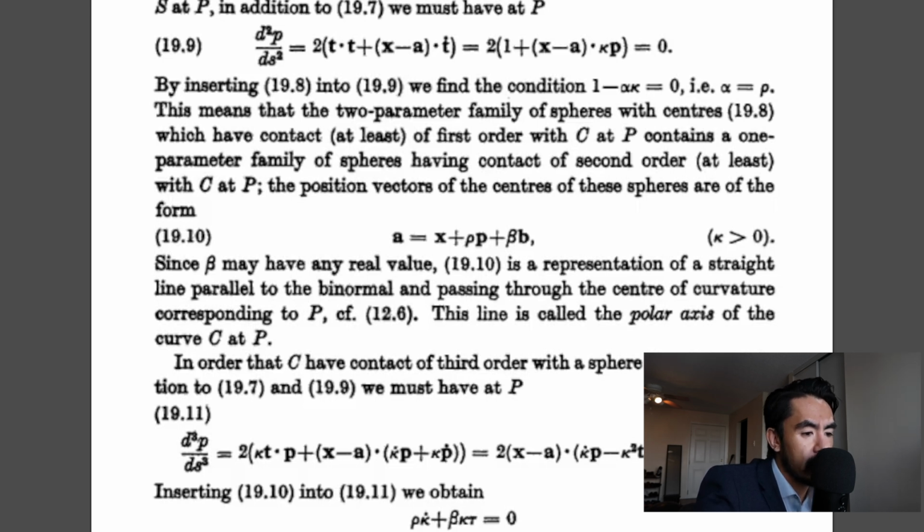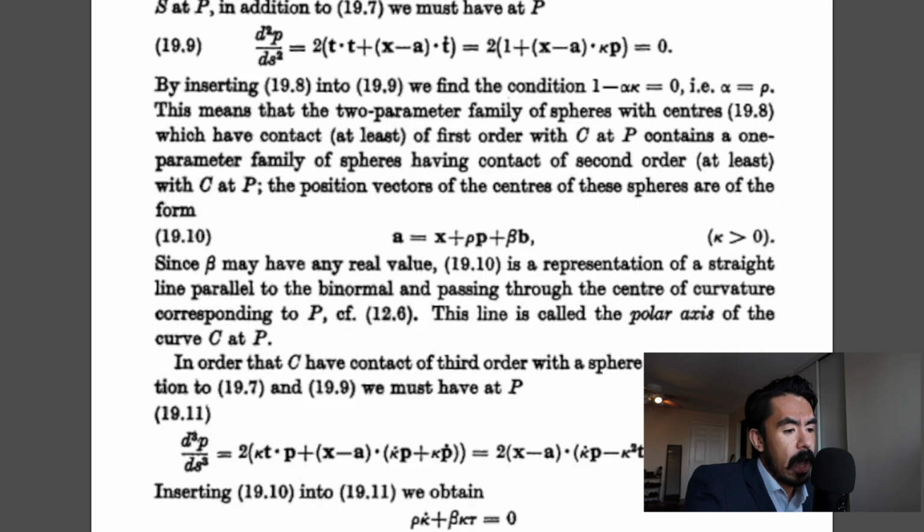The position vectors of the centers of these spheres are of the form vector A is equal to the vector x plus rho, the radius of curvature, times the principal normal vector plus beta times the binormal vector, where kappa, the curvature, is greater than 0.